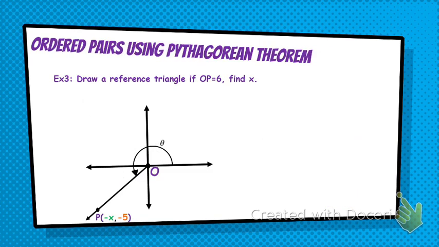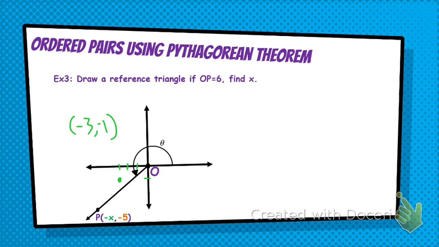Here I'm not asked to find OP, I'm given OP, and I'm actually asked to find x. So if we notice, the value for x in quadrant 3 is negative. It will always be negative, because if I ask you to sketch the point negative 3, negative 1, you would go 1, 2, 3 to the left, and then down here.